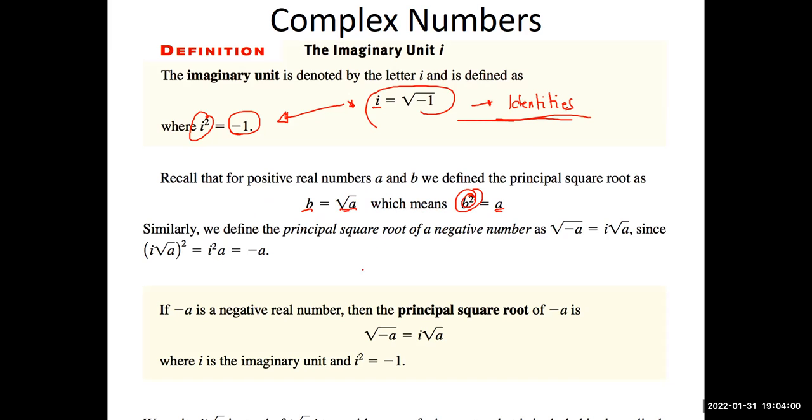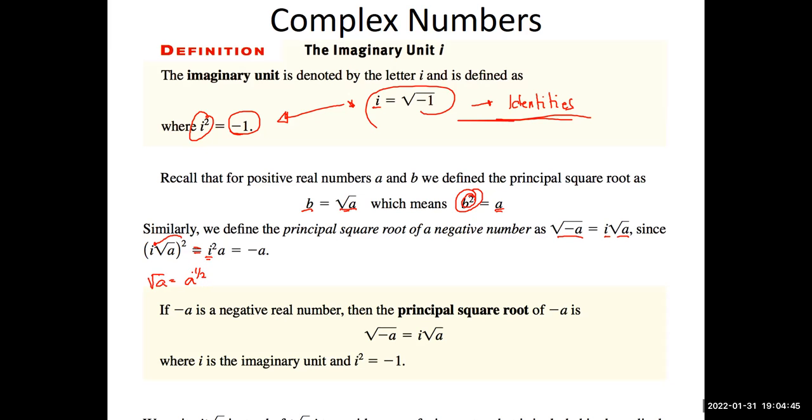Similarly, we define the principal square root of a negative number as the square root of negative A equal to i multiplied by the square root of A. When we distribute the exponent, we have i squared and the square root of A, and the square root of A is also equal to A raised to 1/2.